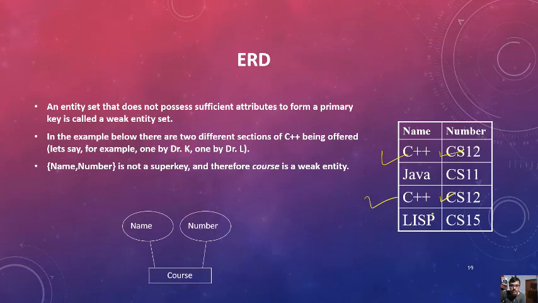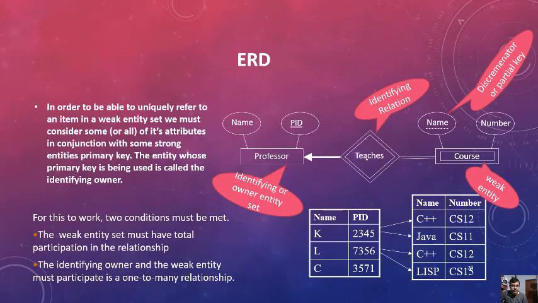In order to be able to uniquely refer to an item in a weak entity set, we must consider some or all of its attributes in conjunction with some strong entity's primary key. Clear? So as course is a weak entity, we have to associate this course with some strong entity to make this weak entity strong.